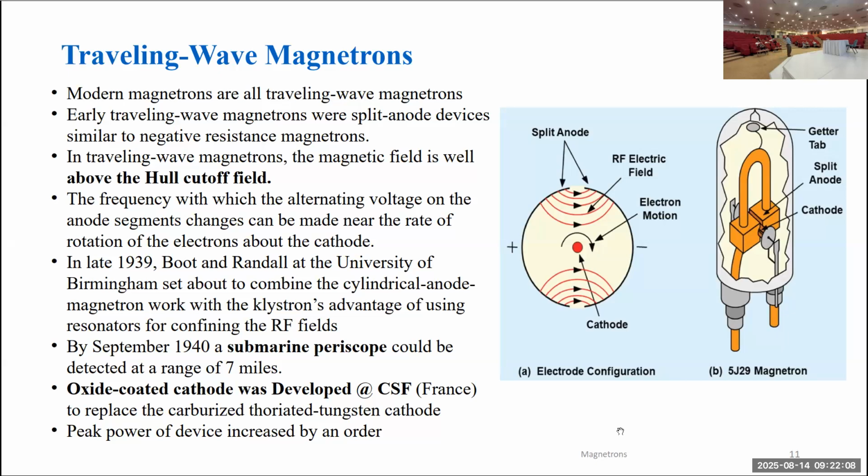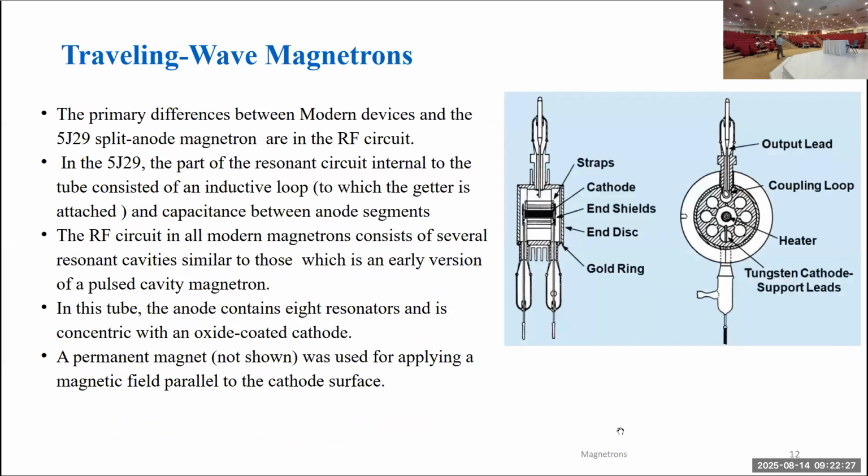Then another development, oxide coated cathodes, which replaced the carbide thoriated tungsten cathodes, increased the power efficiency of these devices. And peak power of these devices was increased by an order. Now you can see the traveling wave magnetron, which is used nowadays.